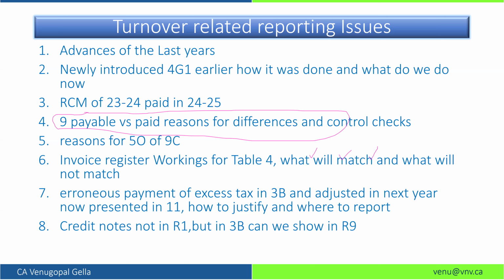Then there is one edge case. What is the edge case? You have a liability like reversal in 4B of ITC higher than the credit that you have to claim. Let's say current month, April month, purchase of 100 ITC.